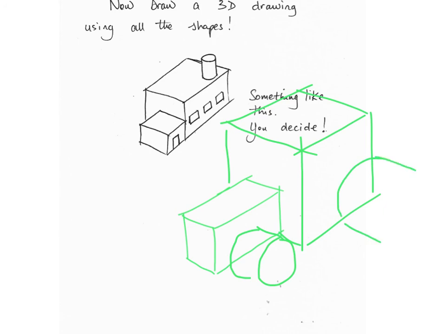Why am I drawing it like that? Because you don't see part of it, etc. And then you've got your, and this is all just practice. And it's a very basic tractor, obviously, but I'm sure you can see how it works.